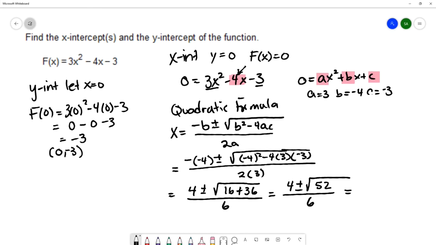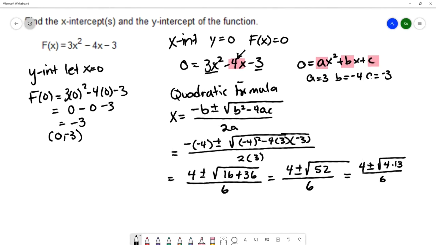And I'll simplify the radical. Underneath the radical we have 52, and 52 is the same thing as 4 times 13. And the square root of 4 is 2. The 13 stays underneath the radical. And the final thing that we do when simplifying this, remember this is a fraction, and we always want to write fractions in lowest terms.